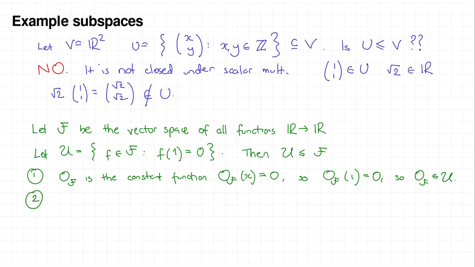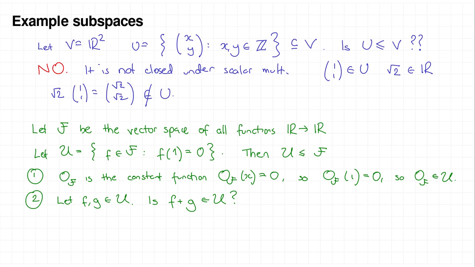Condition 2 is closure under addition. So let's take two elements of U, f and g, and see if their sum is in U. So we're asking the question, is f plus g again in U? And the answer is yes.